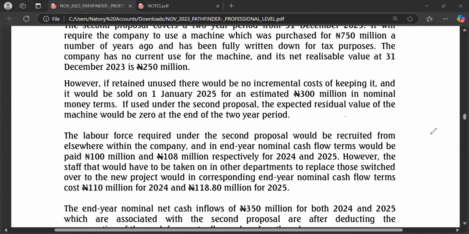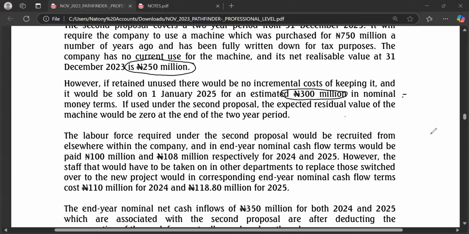The net realizable value of the assets as at 31 December is 250 million naira, right? But we're now told that if the asset is retained unused, that if we don't use it for this project, it will be sold on 1 January for 300 million naira in nominal terms, that's money terms.